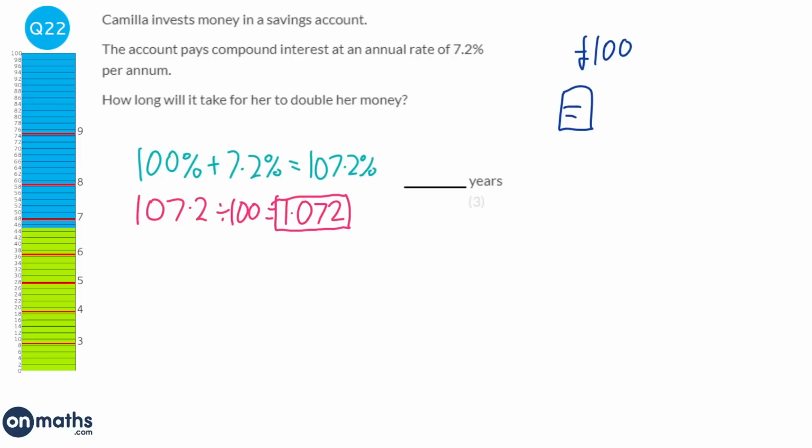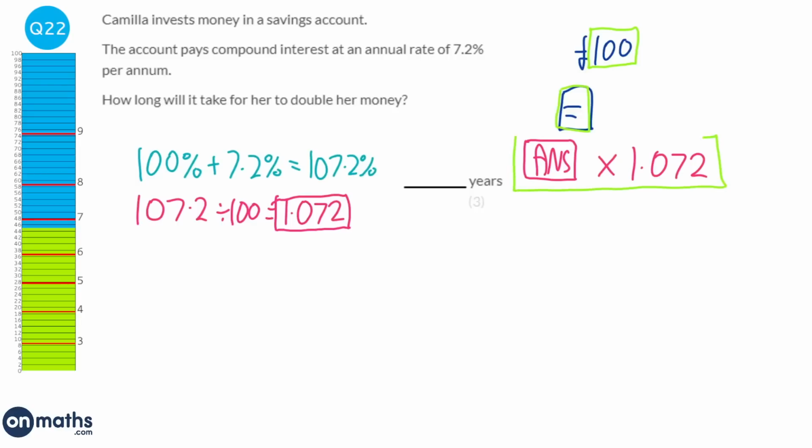Then I'm going to times the answer, so I'm going to press the ANS button, times 1.072. Okay, so I'm going to talk you through that again. We put the 100 into our calculator, then press the equals button, and then type in answer times 1.072. Now, every time we then press the equals button, we're going to increase the number by 7.2%.